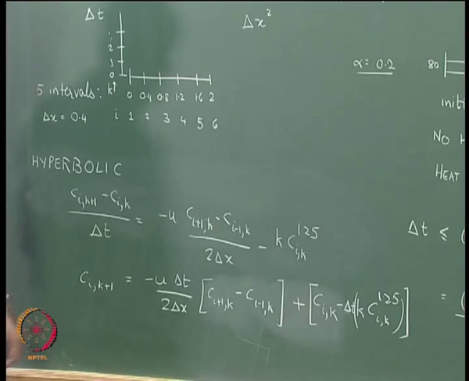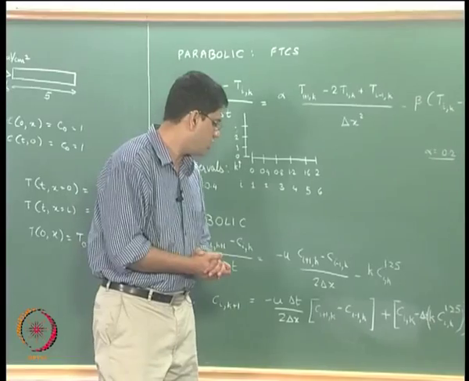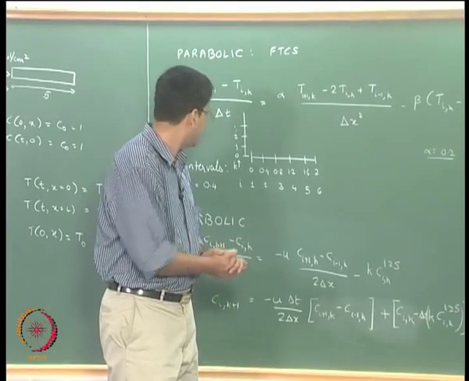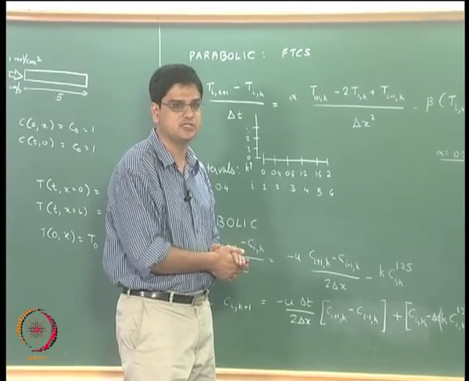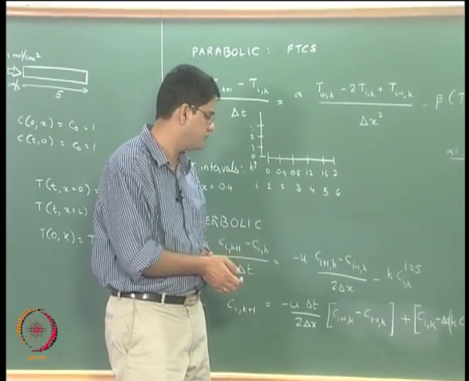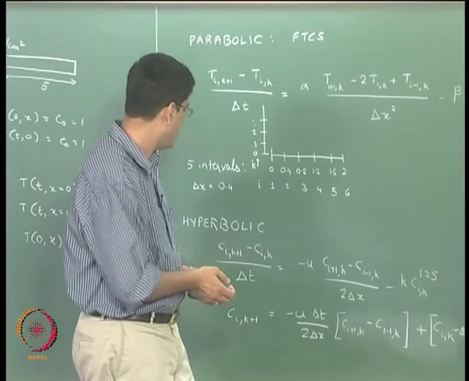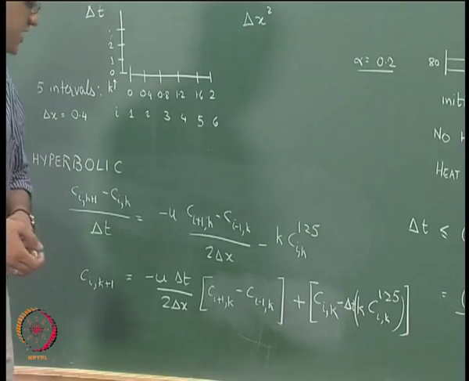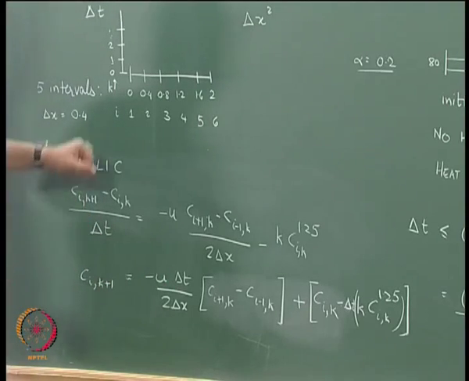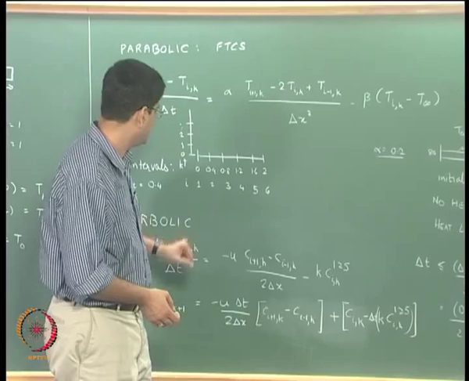Okay. So, let us go back to Excel and modify the parabolic PDE Excel sheet that we had previously used for this hyperbolic equation, where the u value was equal to 1, and our delta t as before will be 0.1.